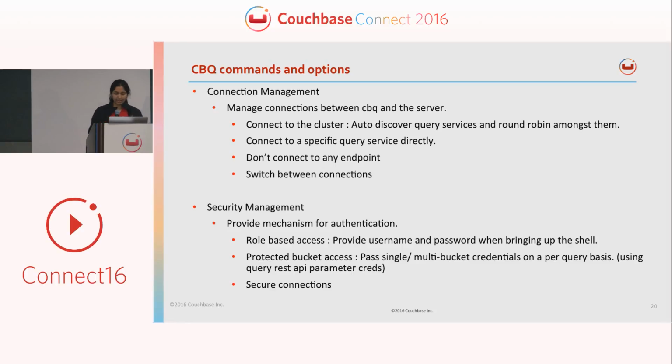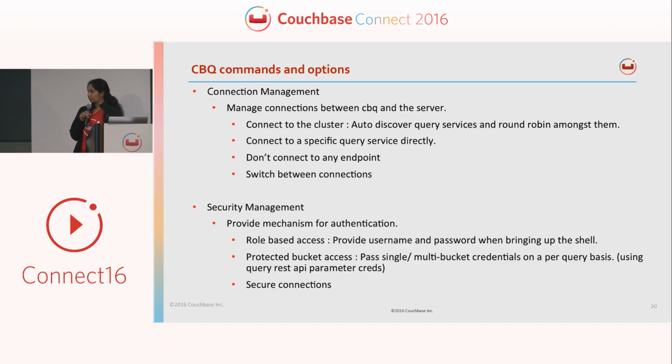For security, we actually have different kinds of access, but for now I'll go over just some that exist in 4.5. We have role-based access where you can provide, say, admin roles. So you can provide username and password while bringing up the query shell using the -u and -p options.